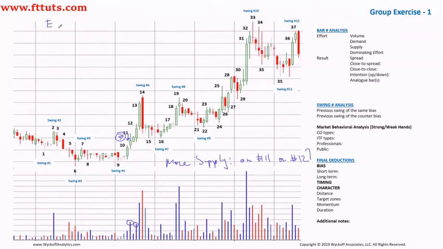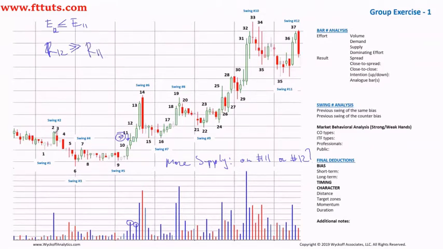Effort is either equal or slightly less on 11, and yet the result on 12 is slightly more, well, actually definitely better than the result on 11.